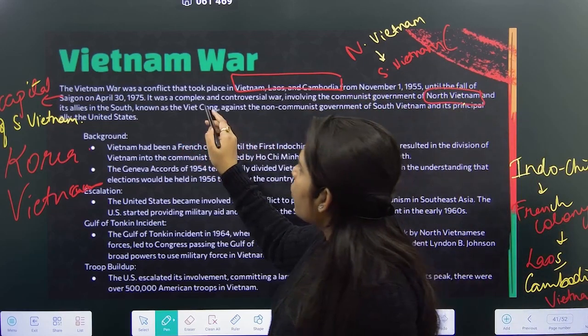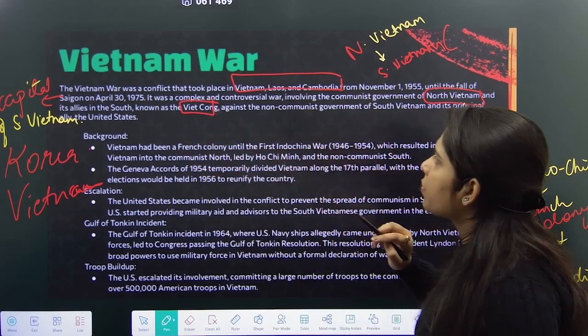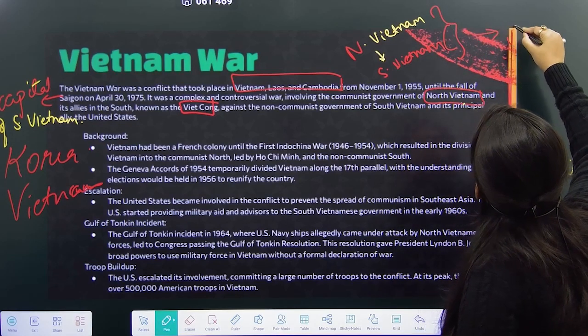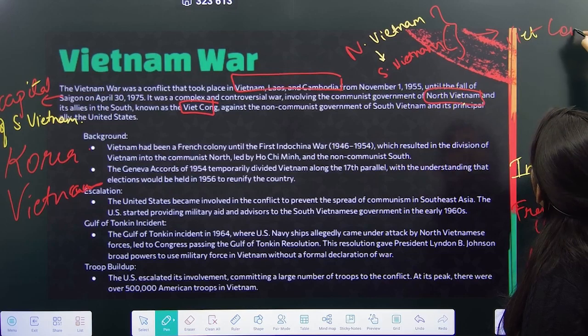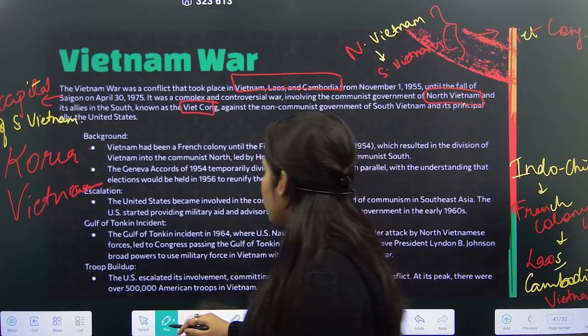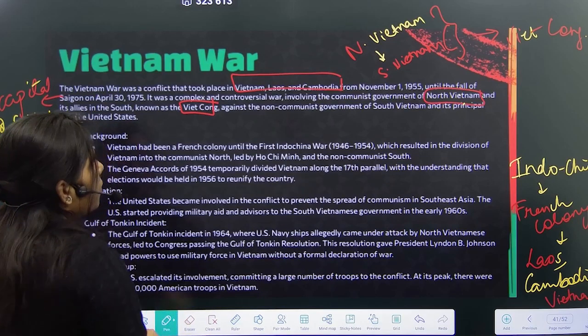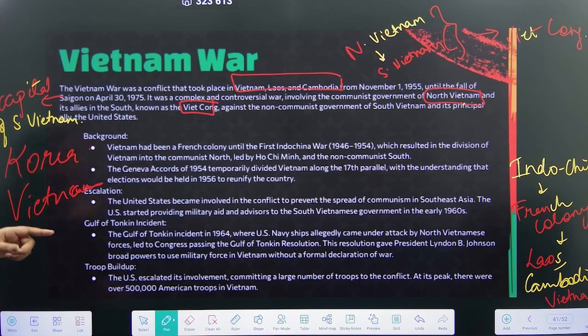Together they were known as the Viet Cong: North Vietnam and its allies. They were fighting against the non-communist government of South Vietnam, and of course the principal ally was the United States.